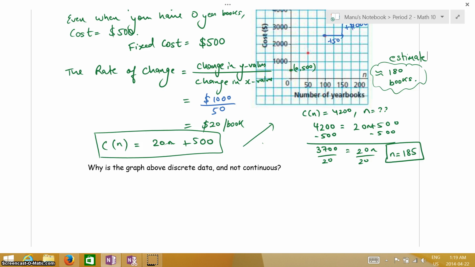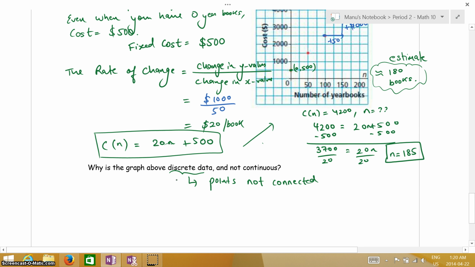Lastly, we already discussed this kind of at the beginning of the question. Why is the graph above discrete data and not continuous? Again, in case you've forgotten what that means, discrete is points not connected. That's what discrete means.